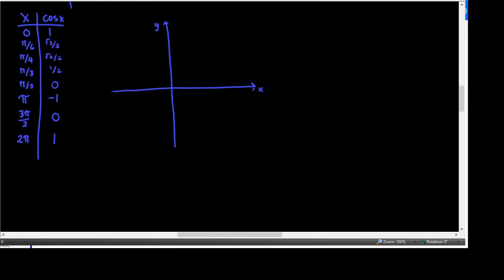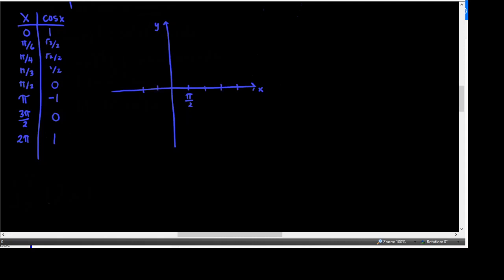Just remember the identity we had with the cofunction identities. Cosine of x equals sine, its cofunction, of the complement of x, so pi over 2 minus x. Okay, well, anyway, it's not surprising to me that we're getting back some of the same answers we did when we talked about sine.